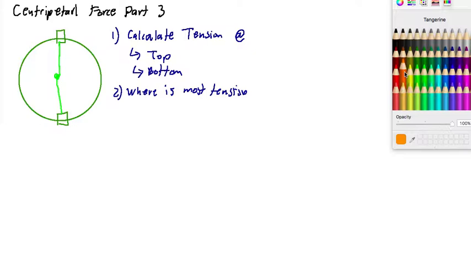Is it as you're approaching the top, or as you are approaching the bottom? You'll realize that it is as you're approaching the bottom. So this will be the bottom, and we will prove it mathematically right now.